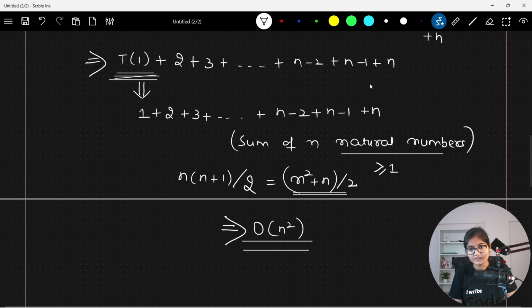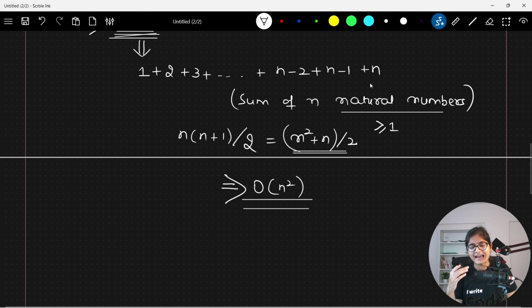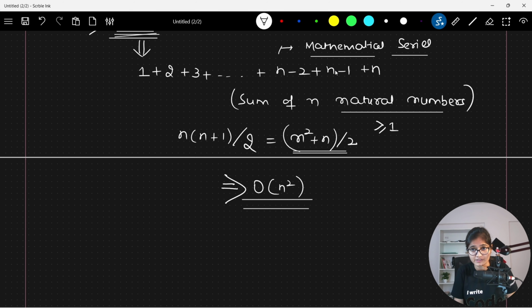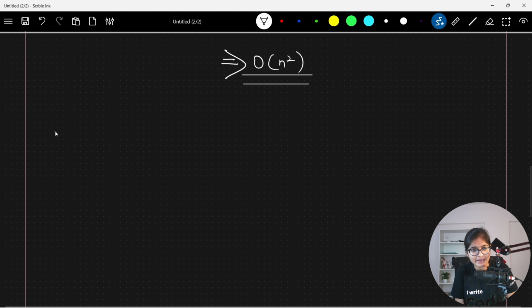After the final step, specifically in the substitution method, you will get some sort of mathematical series. These mathematical series can be anything. For example, here we are getting the sum of n natural numbers. You might get any AP series.